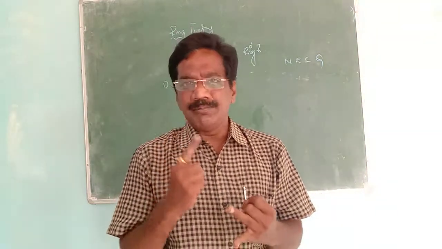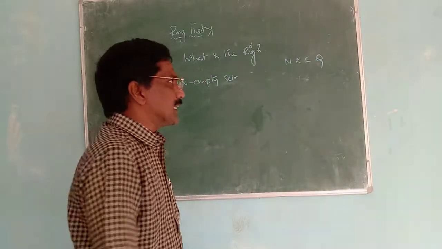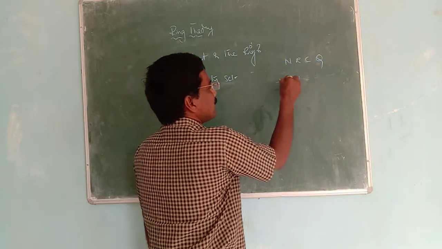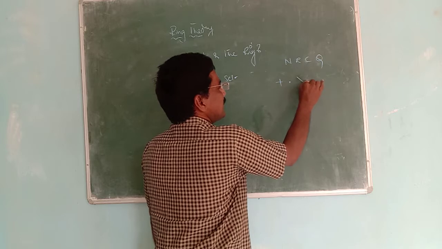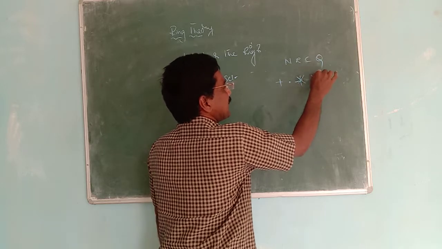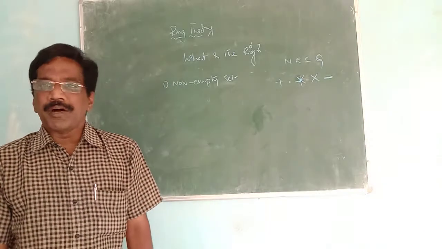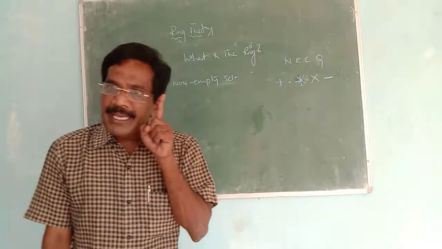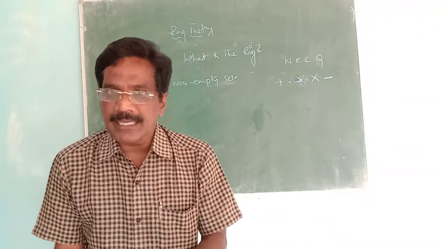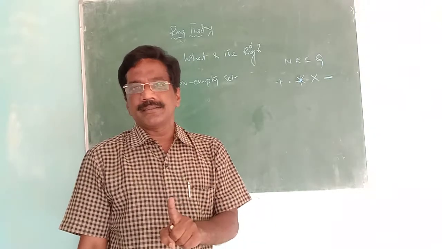What is an algebraic structure? Addition, dot, star, multiplication and subtraction. These are all binary operations. A binary operation is nothing but an algebraic structure.